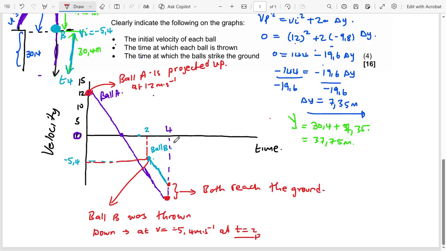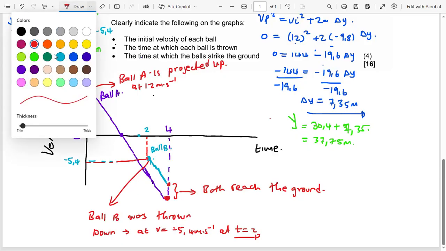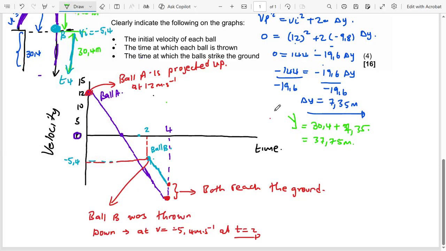And then the last thing is that both of these two lines, if you look at the lines now, this line there and that line there, both of them are straight lines and they have a negative gradient.